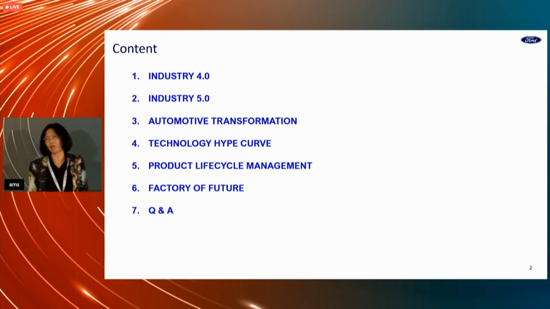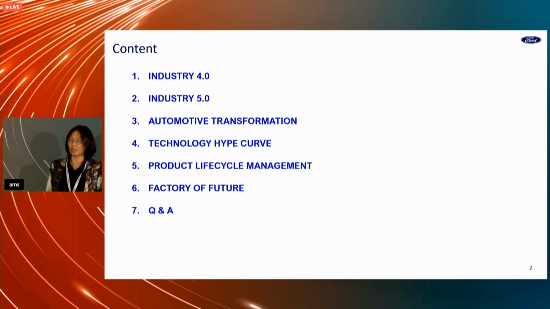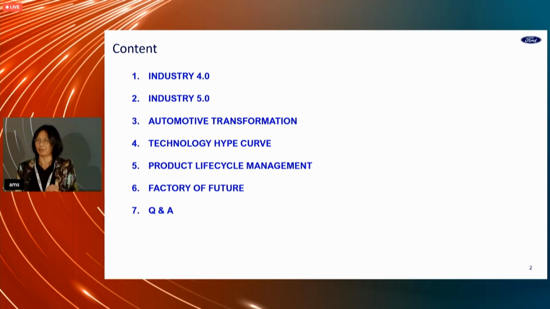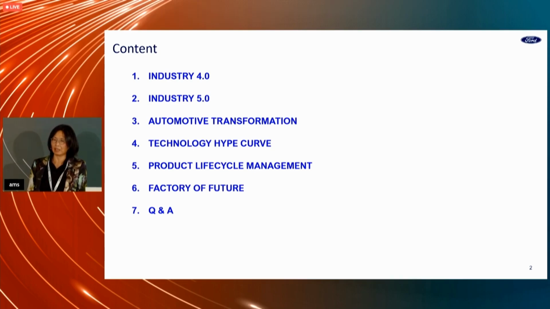The main part of my presentation is product lifecycle management. There I will go through each product lifecycle phase, which technology we are using, and some practical examples. And then finally, I will give you some idea of how the factory of the future looks like if we apply all those technologies, and then a Q&A session.